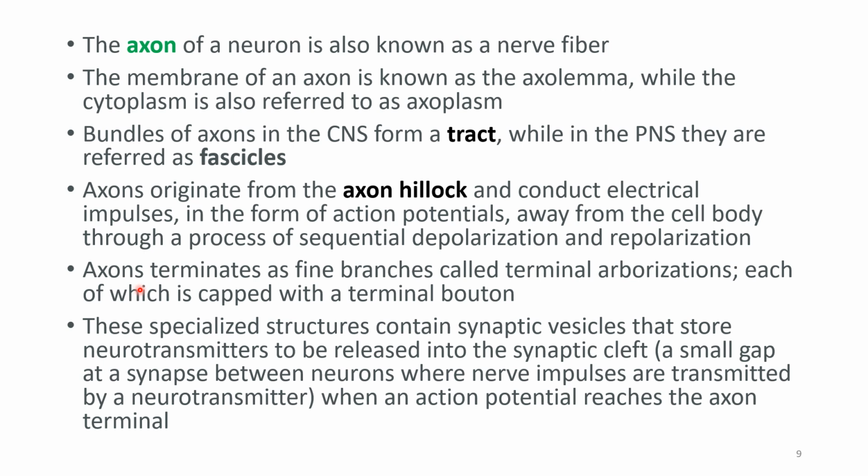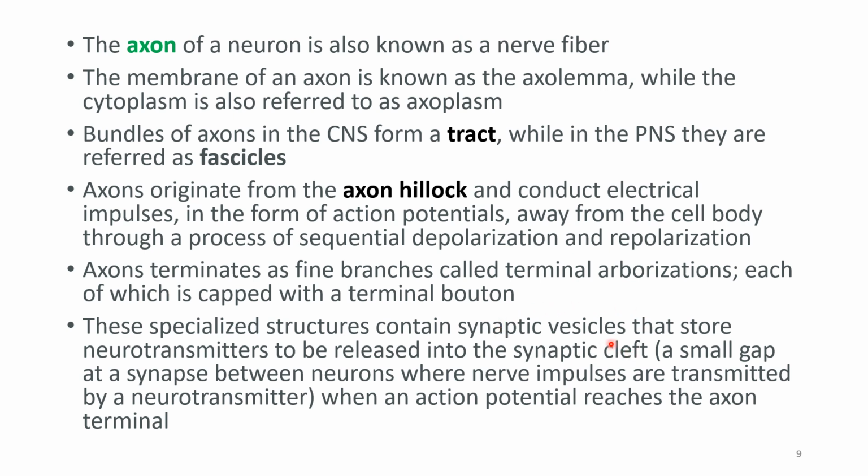Now, the axon terminates in axon terminals. They are fine branches and they are called terminal arborizations. And each of these fine branches is capped with a terminal button. So, the terminal ending is enlarged. It is called a terminal button. These specialized structures contain synaptic vesicles.